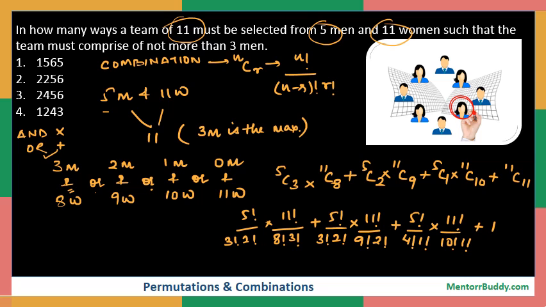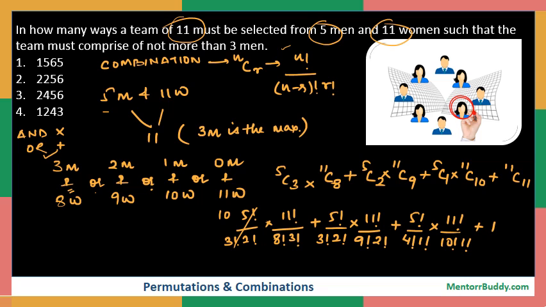We have just put the formula nCr and converted these expressions into this equation. So when we solve these, this gives me 10.